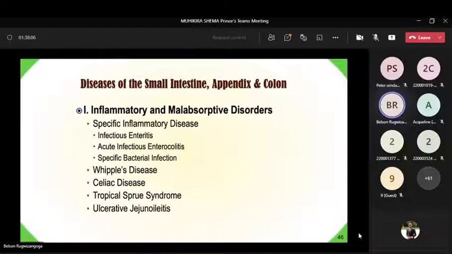There are other diseases such as Whipple's disease, and celiac disease that I mentioned before, which is clinically almost similar to Whipple disease. Tropical sprue syndrome is also similar to celiac disease, although it affects people in tropical countries. And ulcerative jejunoileitis, meaning that there is an inflammation of the jejunum and the ileum with many ulcers.